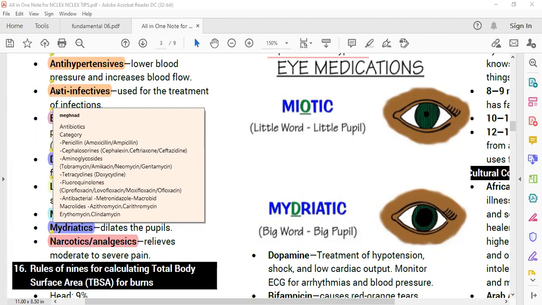Other antibacterials we use are metronidazole, which we call Flagyl, or Macrobid, which is nitrofurantoin, or we use the macrolides. Macrolides include azithromycin, clarithromycin, erythromycin, or clindamycin.